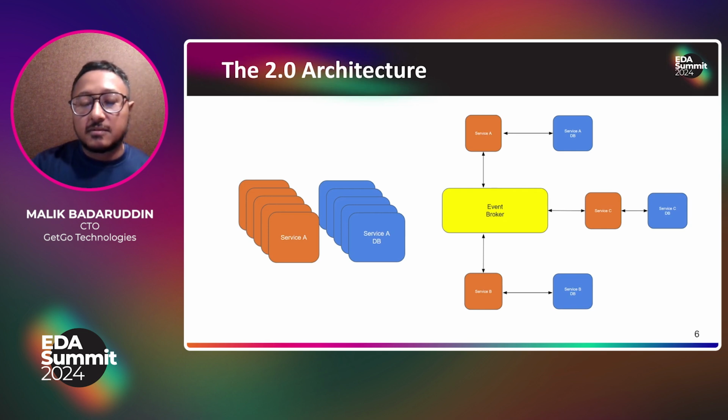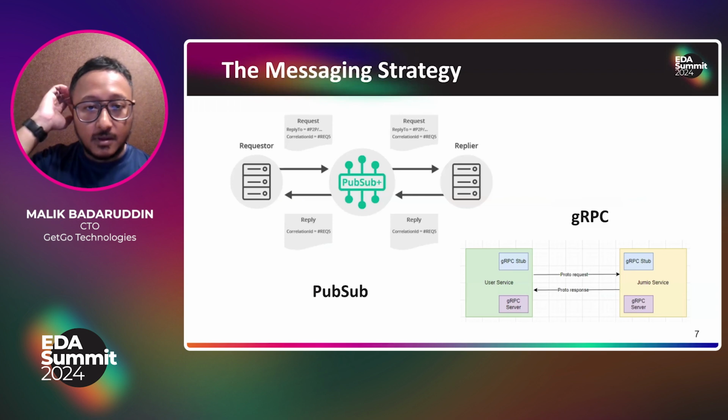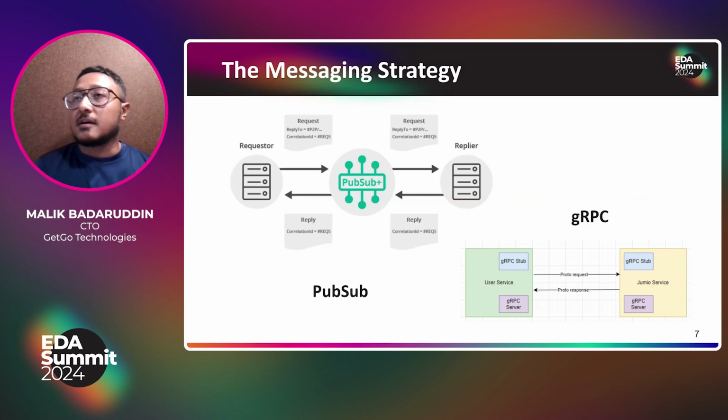So how do we typically go about doing this? We had, I would say, a messaging strategy. In order to do this, we were looking at what each service would consist of, and how it connects to one another.